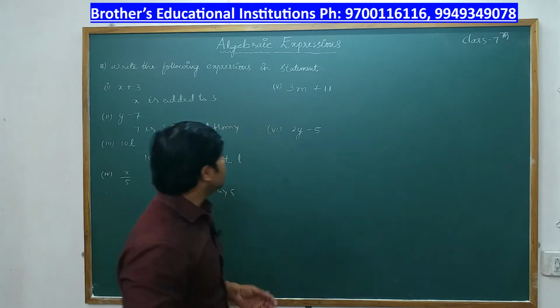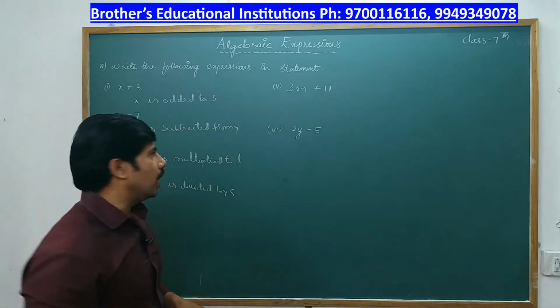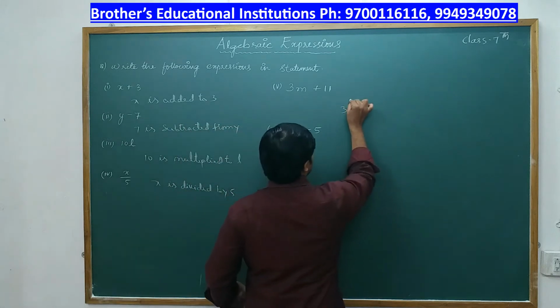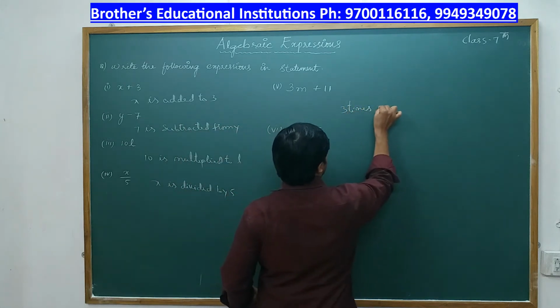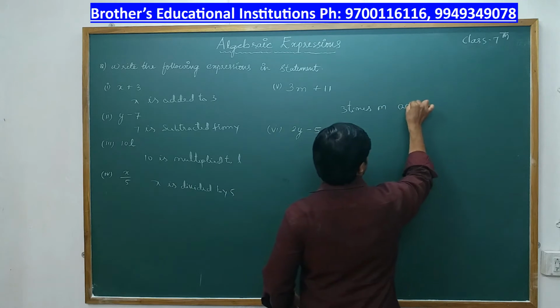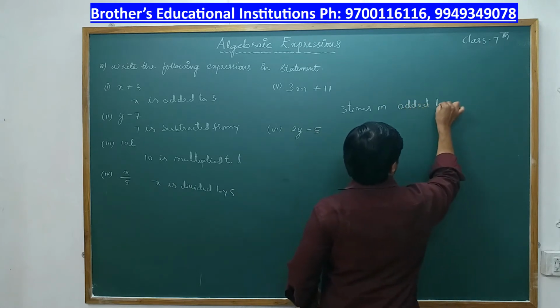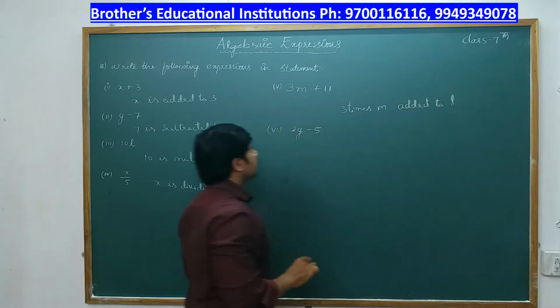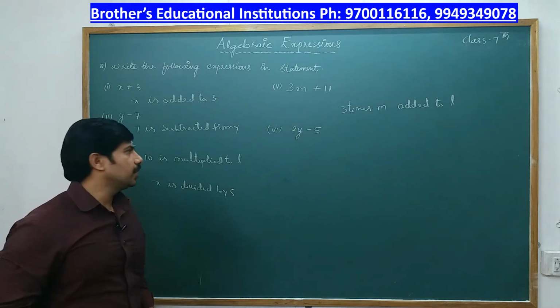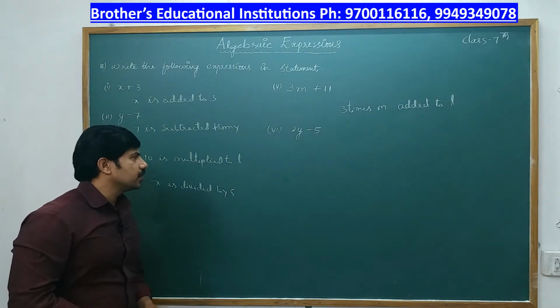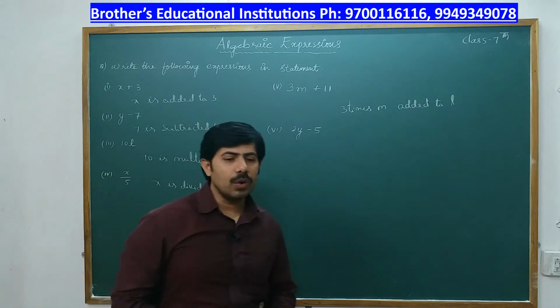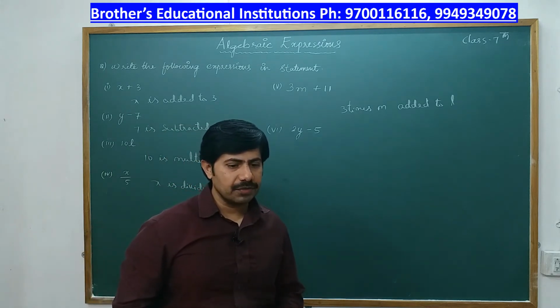It is 3 times m added to L. 3 times m added to L. Next, after that, 2y minus 5. How to write this 2y minus 5?